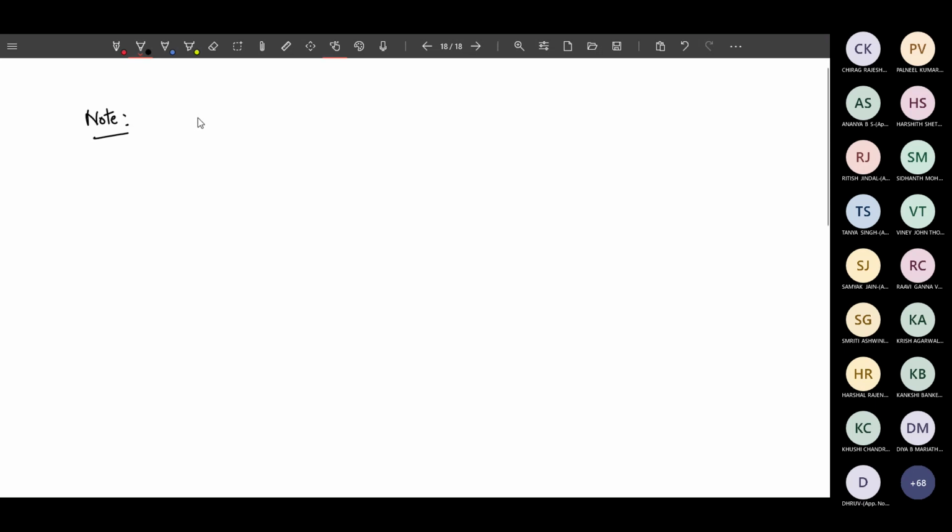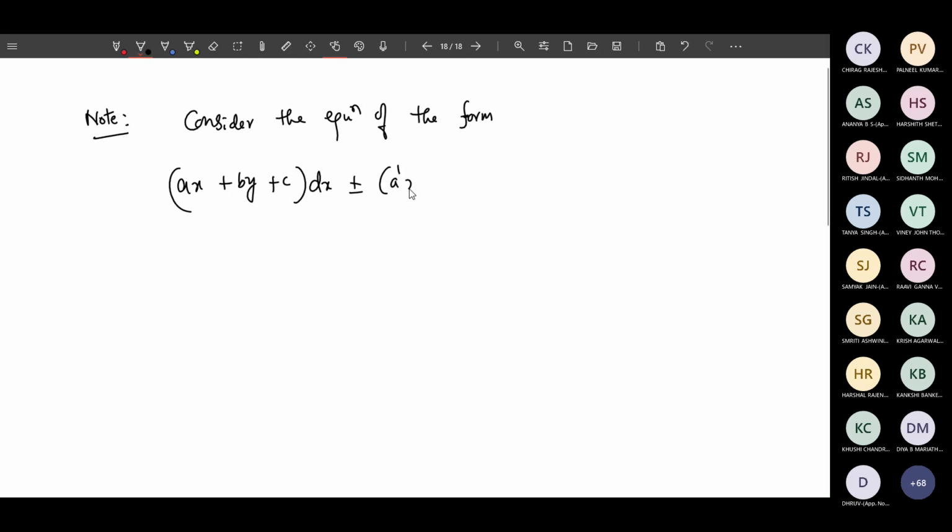Consider the equation of the form (ax plus by plus c) dx plus (a dash x plus b dash y plus c dash) dy equal to 0.